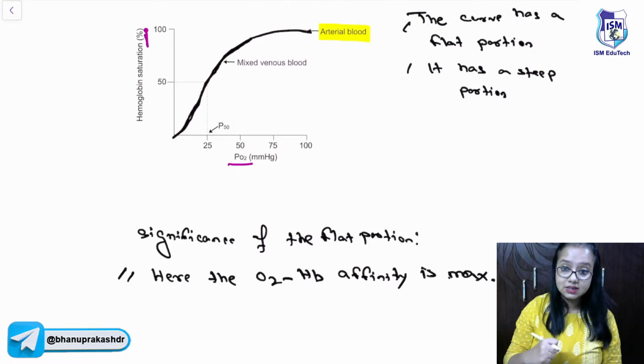So the strength with which the oxygen has sat on the hemoglobin is maximum. It is very tightly, very strongly bound.